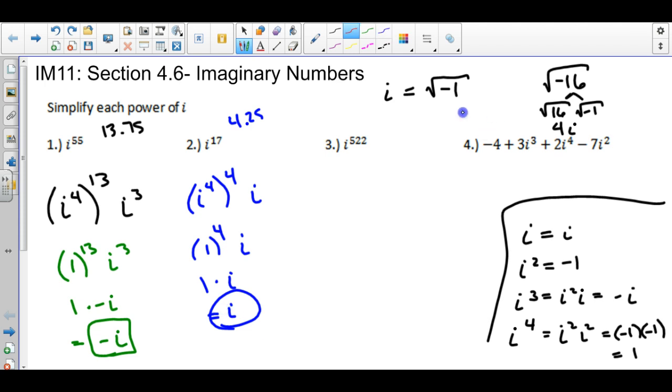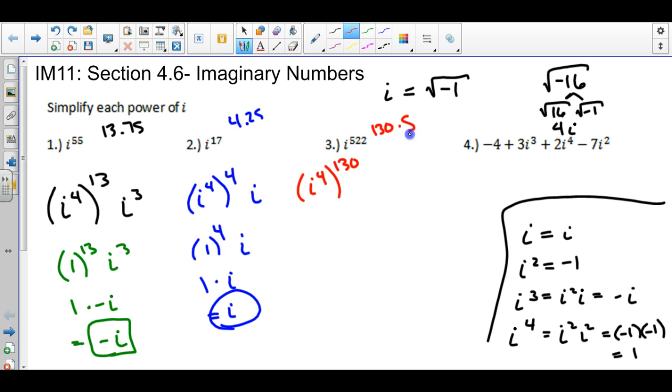Last one, I'm going to take 522 and divide that by 4. I put it in the calculator, and I get 130.5. What that means, again, is i to the fourth power is evenly going to go into 522 a total of 130 times. If you take 4 times 130, you'll get 520, and you get this leftover of 0.5.